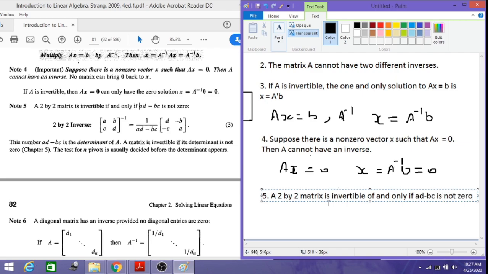AD minus BC, it's not magnitude, that is nothing but the determinant. It means the determinant value cannot be 0. So that is what it means.